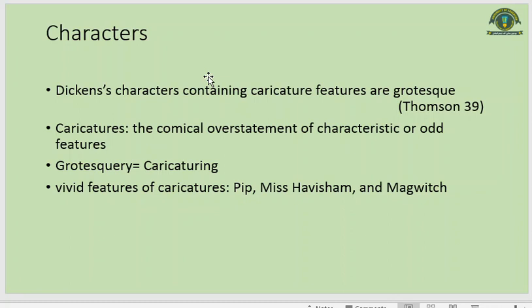Although all the characters are true depictions of caricaturing qualities presented by Charles Dickens, we will find the most prominent element in the depiction of Pip, Miss Havisham, and Magwitch. They are also very important characters of the novel. We'll focus only on these three due to the limited time.